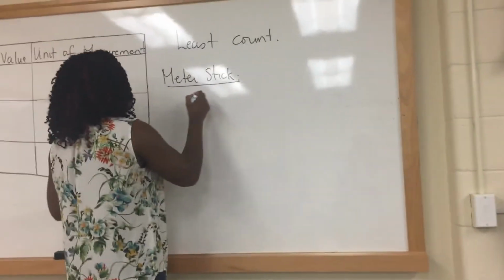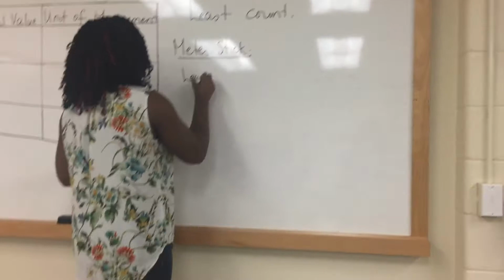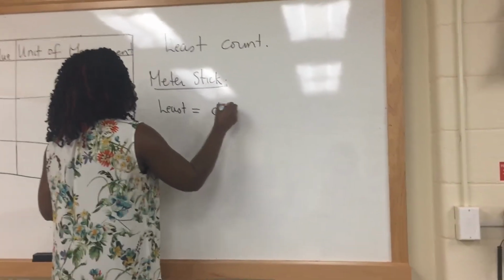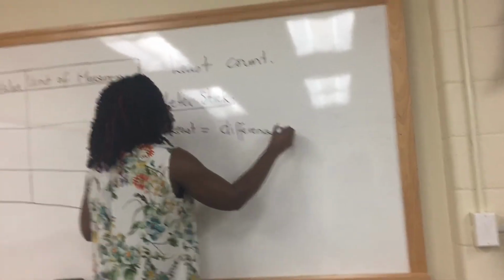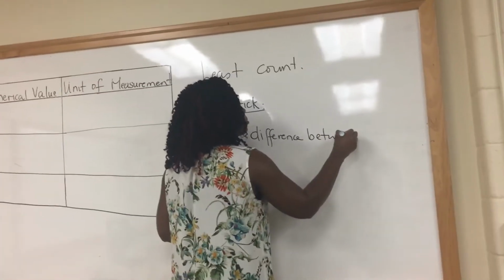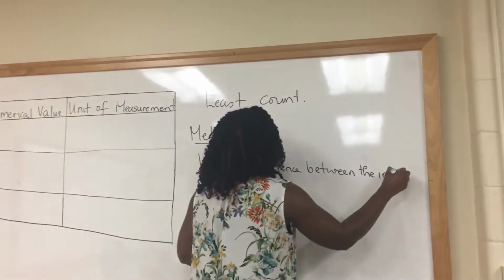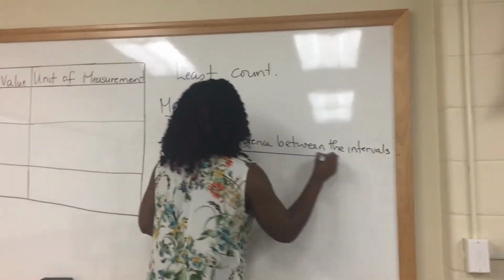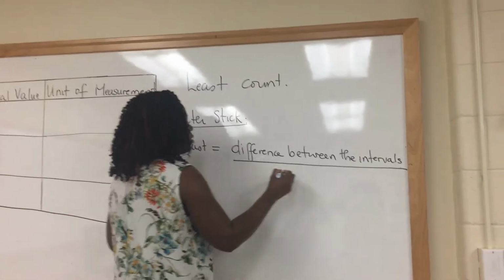So it's the difference between the intervals. So least count is the difference between the intervals divided by the number of small divisions, and that was 10.